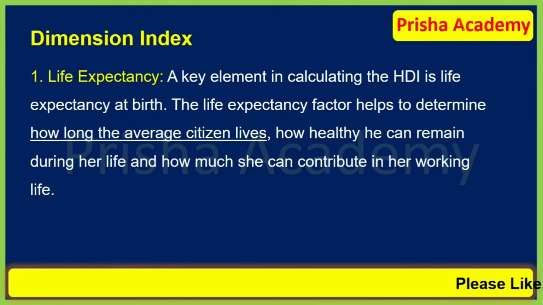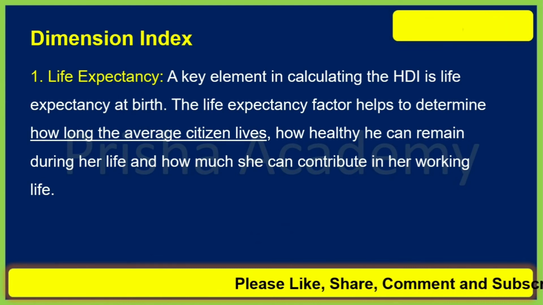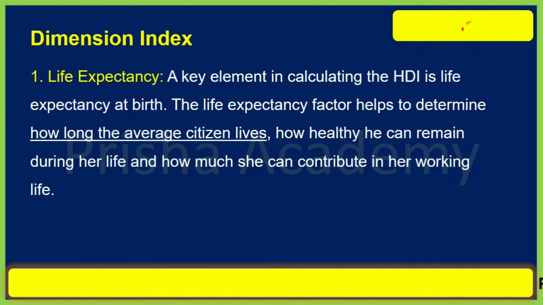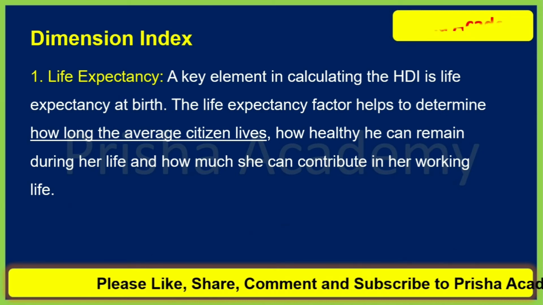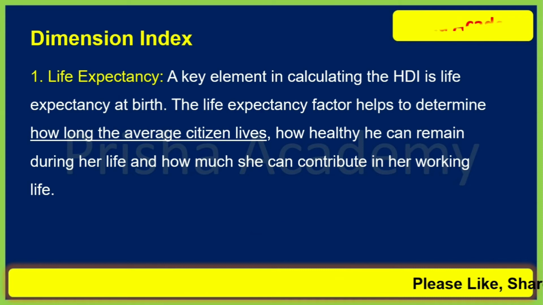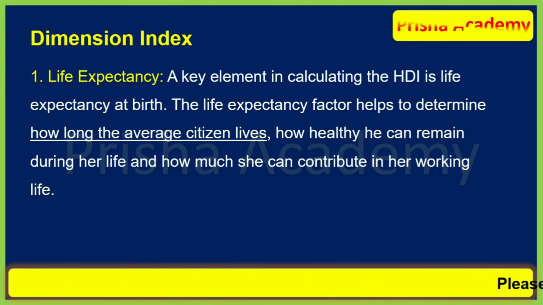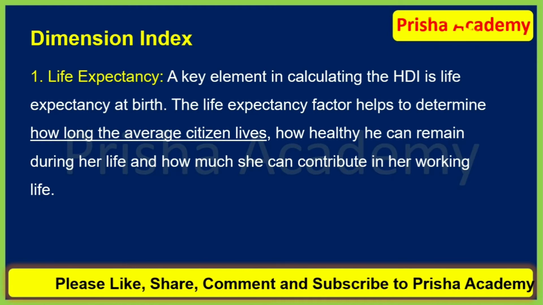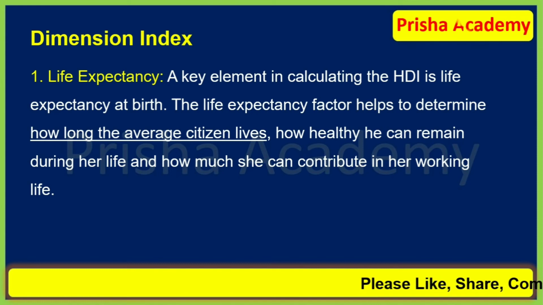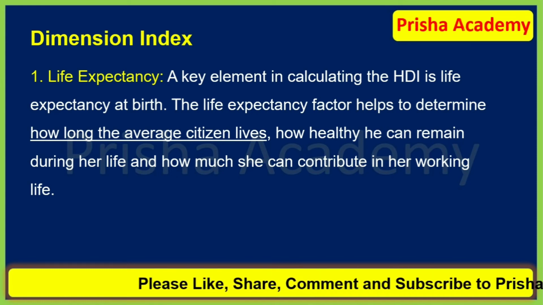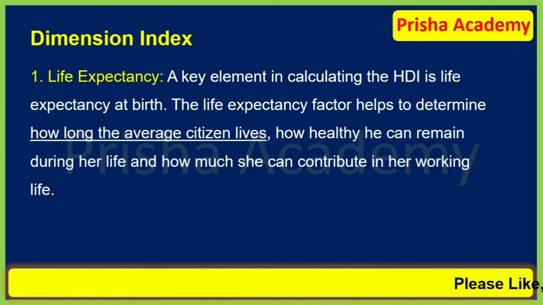First, let's see what life expectancy is. A key element in calculating the HDI is life expectancy at birth. That means how long a person is expected to survive at the time of birth. The life expectancy factor helps to determine how long the average citizen lives, how healthy he can remain during her life, and how much she can contribute in her working life.